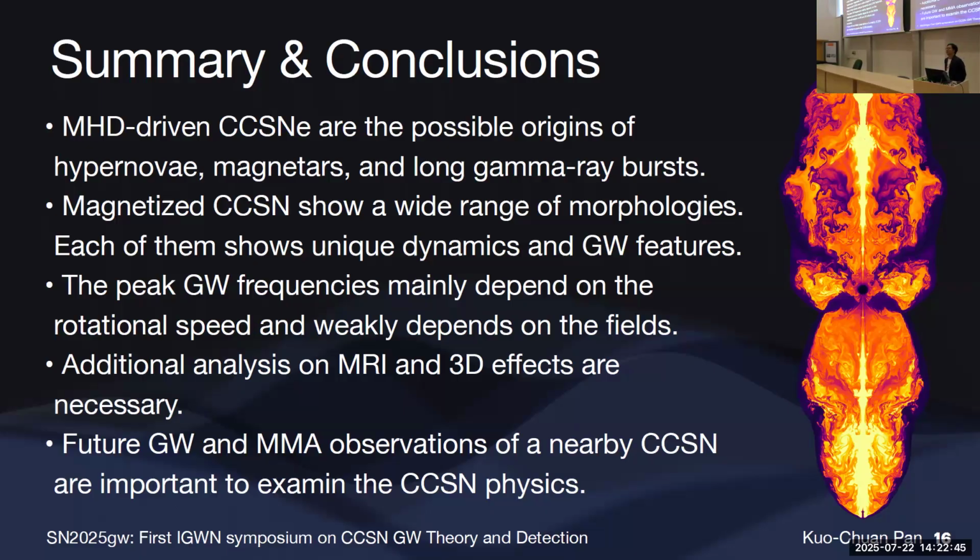In the case you're considering here, which is a very massive star, 40 solar masses, it doesn't give you a whole lot of time before black hole formation to evolve the magnetic fields from the beginning.